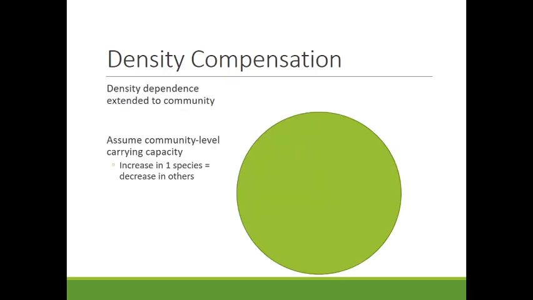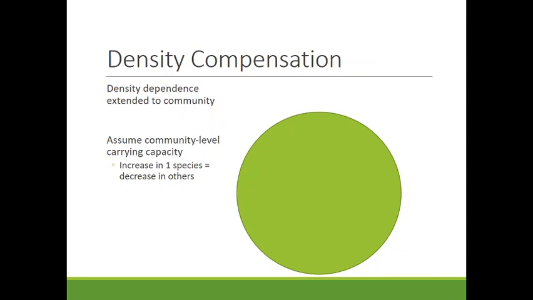So let's bring this idea of density dependence up to a community level, because we generally think of density dependence just in a single species population. But when we think about it at a community level, we have to think about a community level carrying capacity. So we're no longer thinking about a certain ecosystem holding this many individuals, it's not just a number of a population.